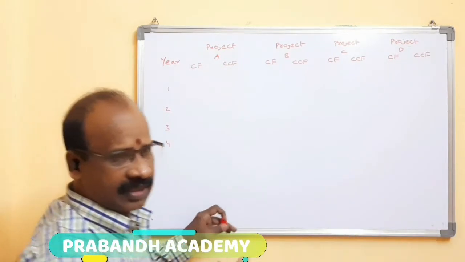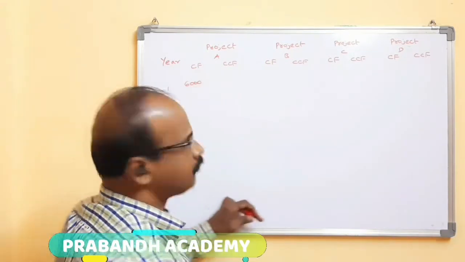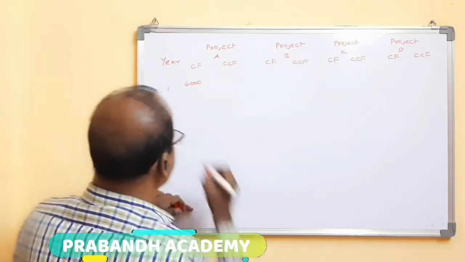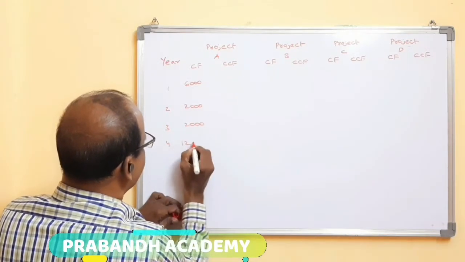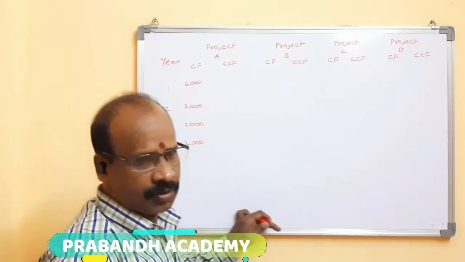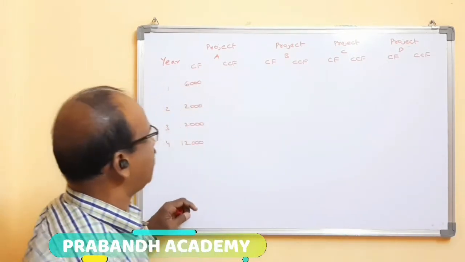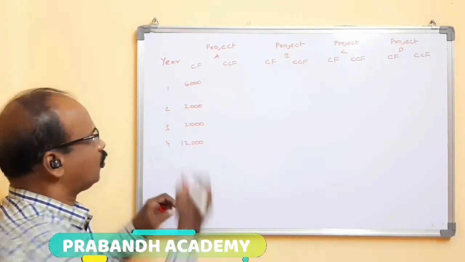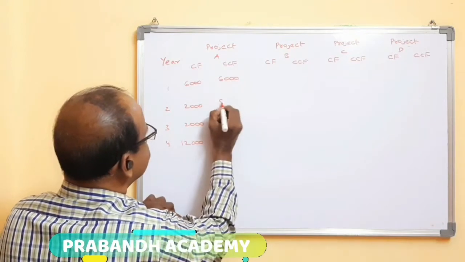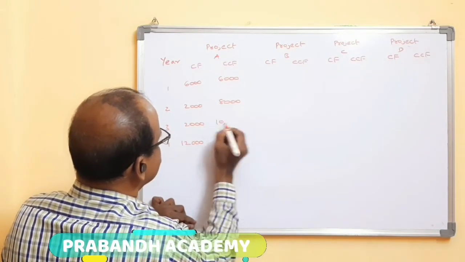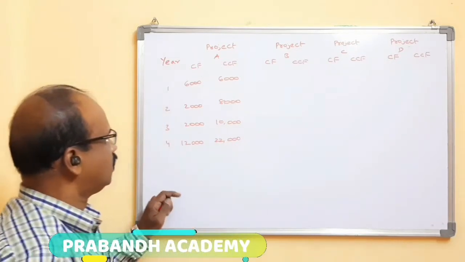Project A, cash flows. First year 6,000, second year 2,000, third year 2,000, and fourth year 12,000. So these are the cash flows for project A. For the traditional payback period, first we calculate cumulative cash flows for project A: 6,000, 8,000, 10,000, and 22,000.